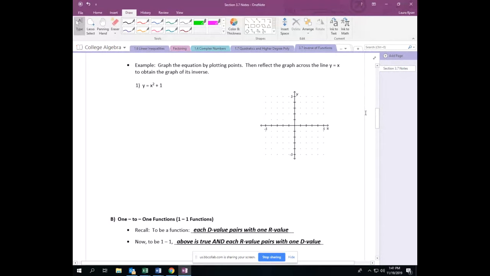All right, we can do the same exact thing for this one. And this time it is a quadratic, so I'm going to make a table. For my x's in my table, I'm going to choose -2, -1, 0, 1, and 2.